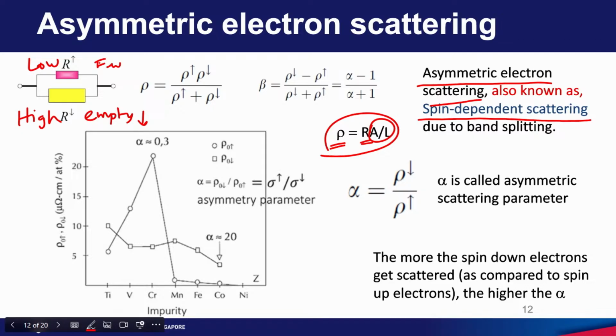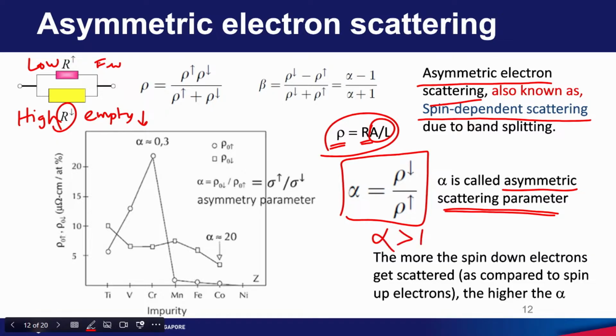Okay, so people define a term called the asymmetric scattering parameter, alpha. Rho down is the resistivity of spin down electrons. Rho up is the resistivity of spin up electrons. Now tell me, is this alpha more than 1 or less than 1 for ferromagnetic material?